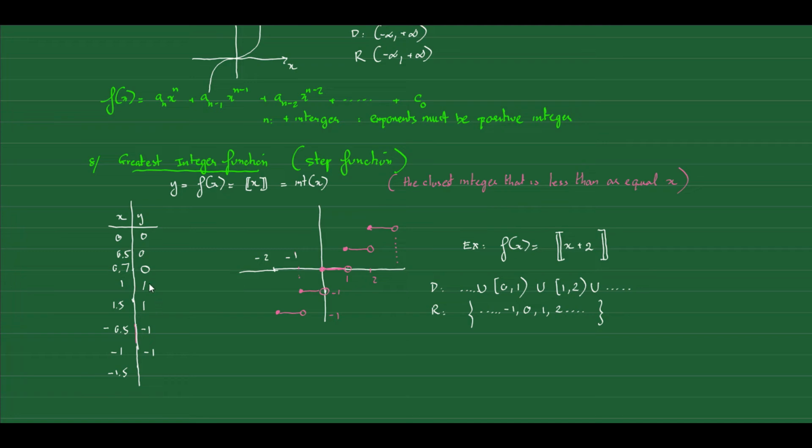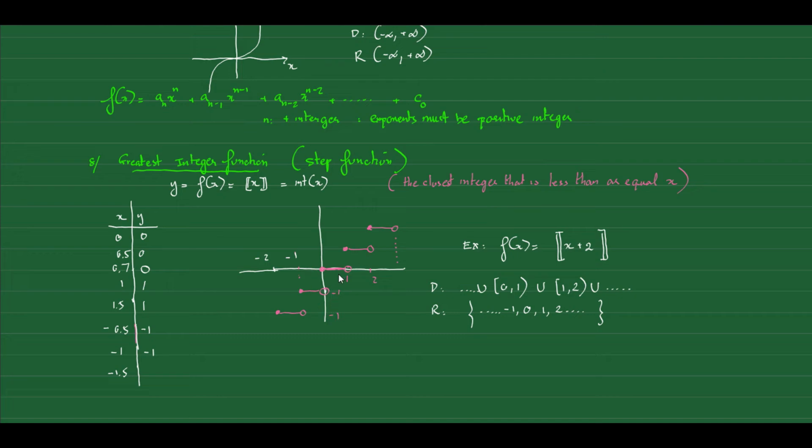But if it is 1, it will be 1, right? But if it's 1.5, the integer closest to 1.5 but smaller than 1.5 will be 1, and so on. What if it is negative 1.5? Negative 1.5 is right over here. The integer closest to negative 1.5 but smaller than negative 1.5 will be negative 2.